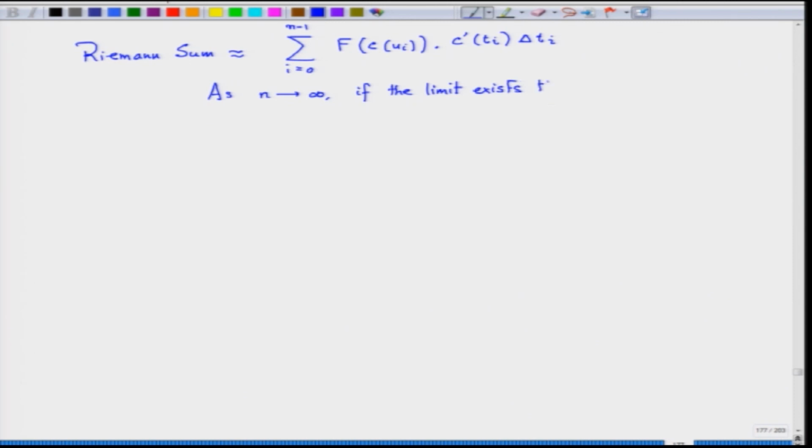Then, taking the limit as n tends to infinity, you can easily figure out what will happen. This will become dt, this will become C dash t, this will become f of Ct, because Ti and Ti plus 1 are coming closer and closer as n goes to infinity.